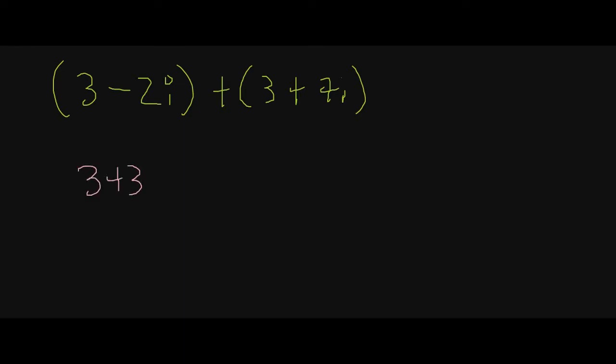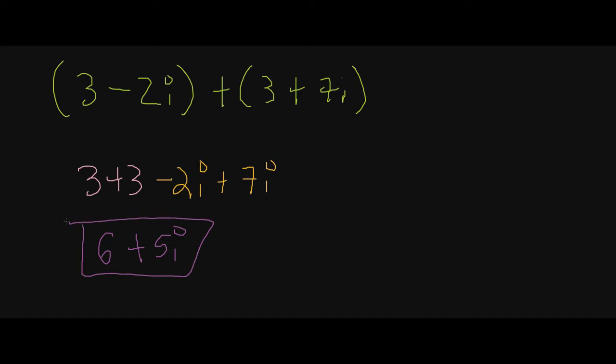Then the minus 2i comes down here, and then we get the plus 7i, right? Well, 3 plus 3 is 6. And then negative 2i plus 7i is just going to be plus 5i, and that becomes my final answer.